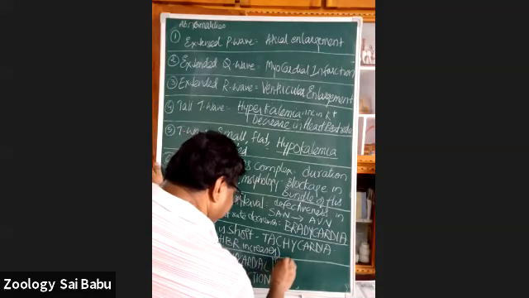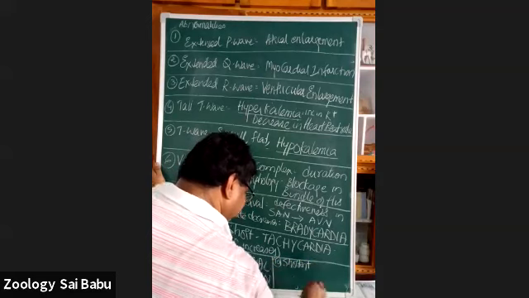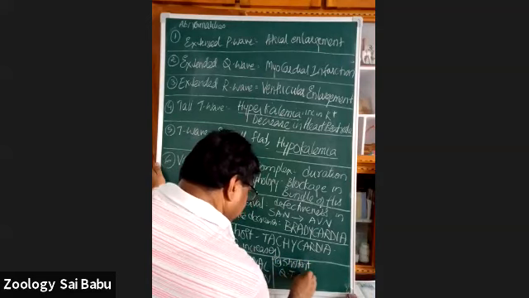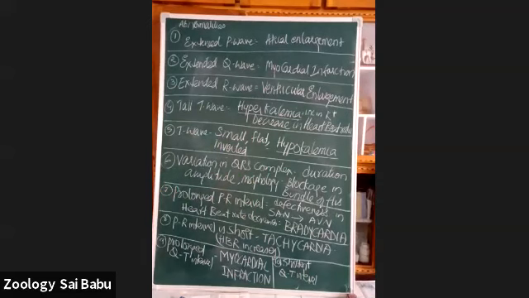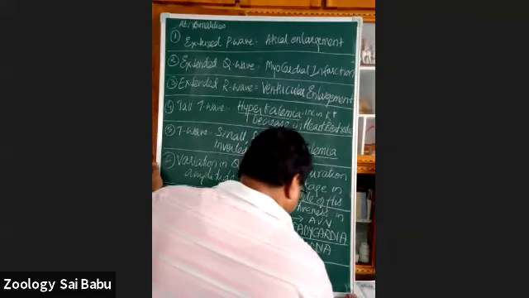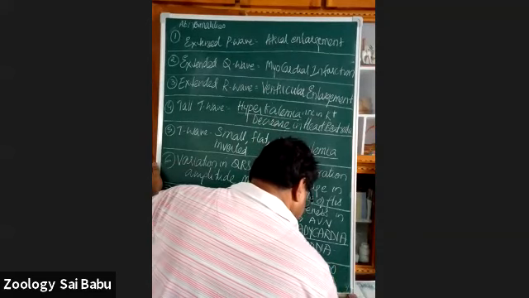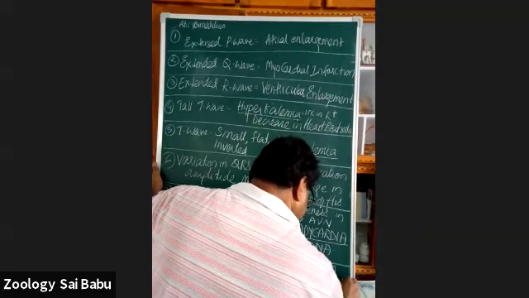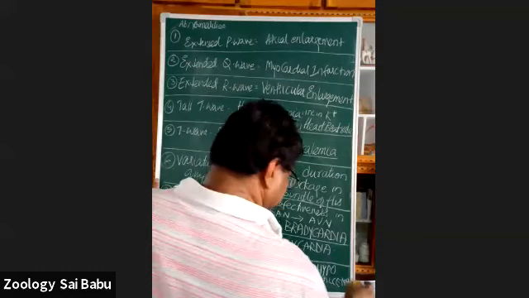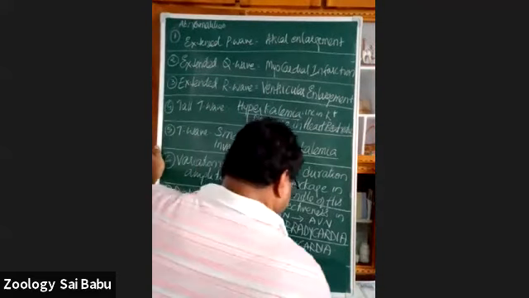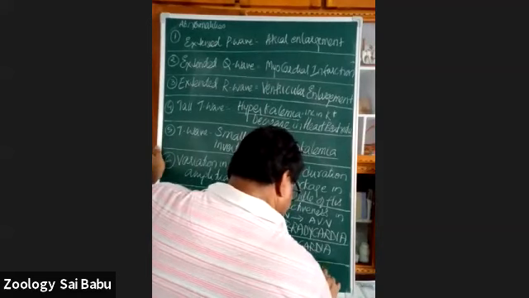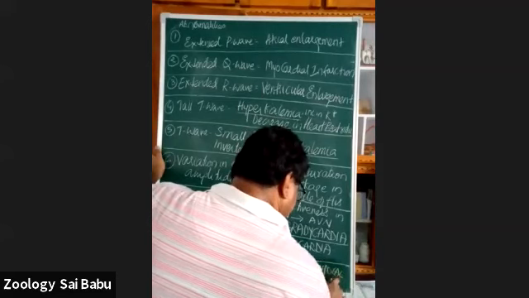If the QT interval is shortened, then that is indicating hypocalcemia. So a shortened QT interval indicates hypocalcemia.